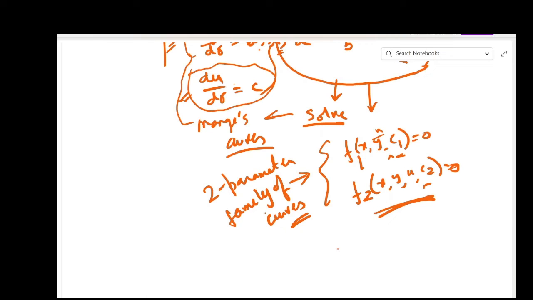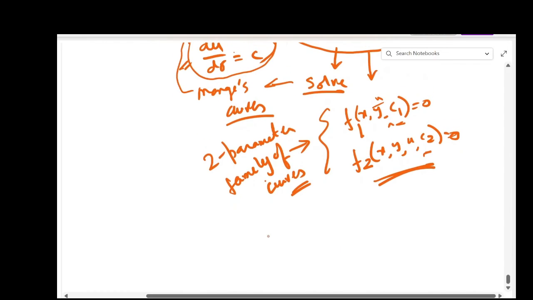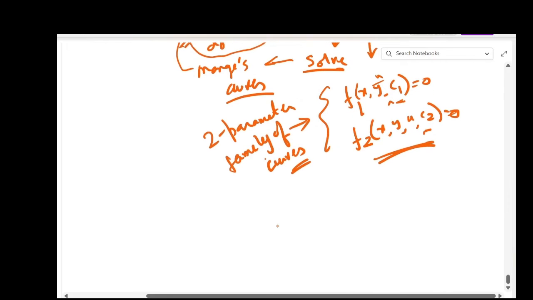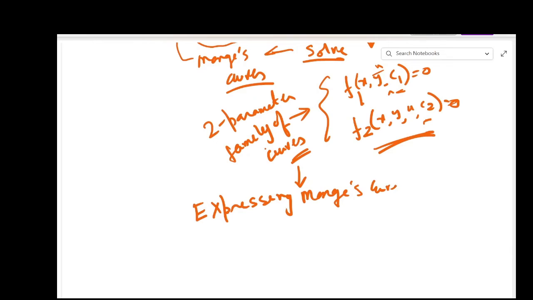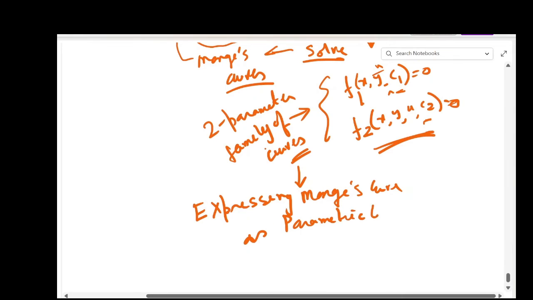So if I want to express these curves as parametric equations, how shall I write it? Let me write: expressing Monge's curve as a parametric curve.